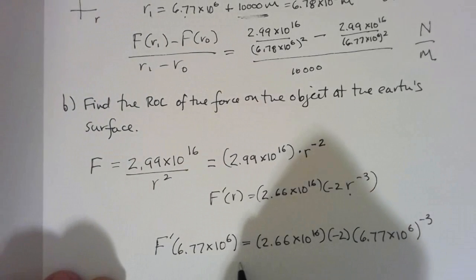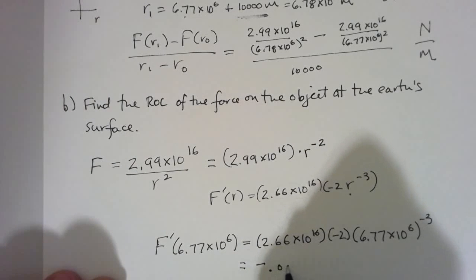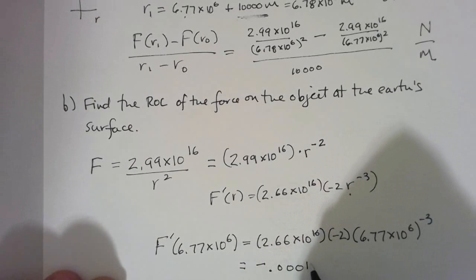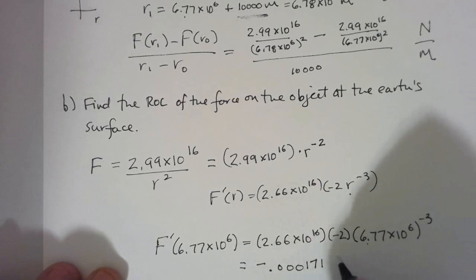And the calculator tells me this is minus 0.000171. Got three significant figures here. And this is newtons per meter.